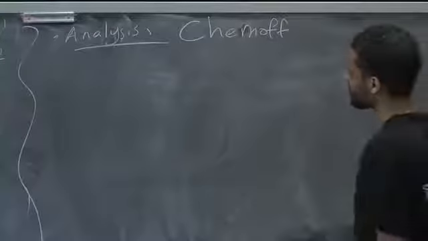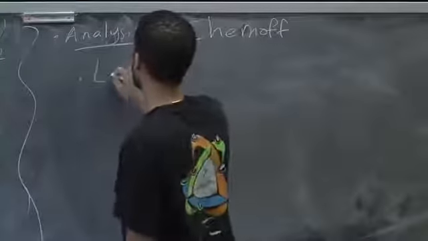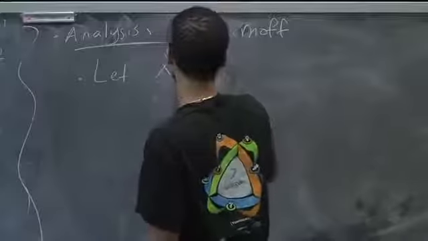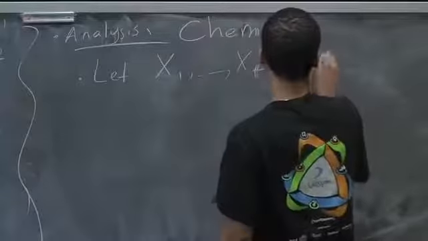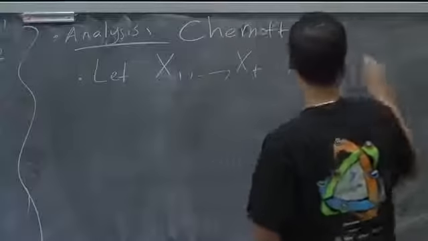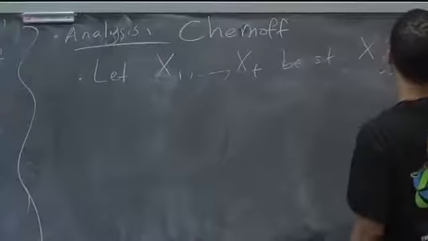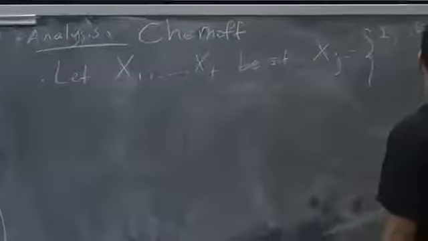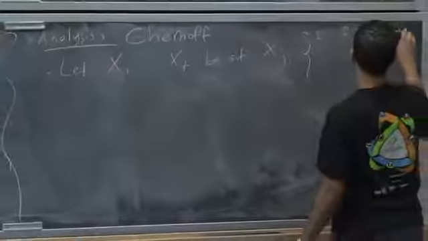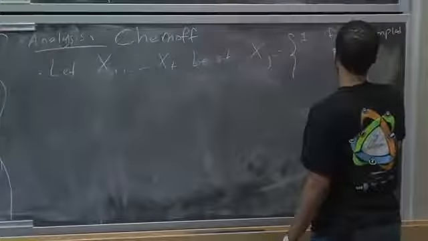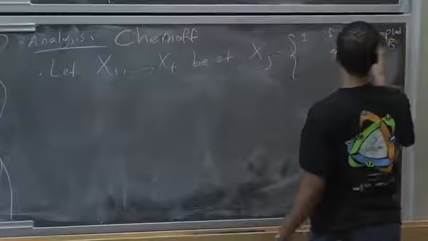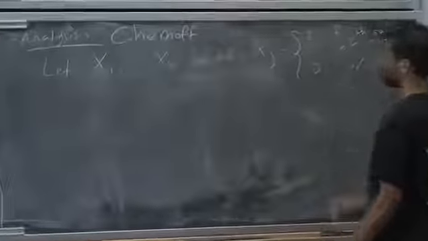More formally, let x_1 up to x_t be such that x_j is 1 if the jth sampled element is in B, and 0 otherwise.